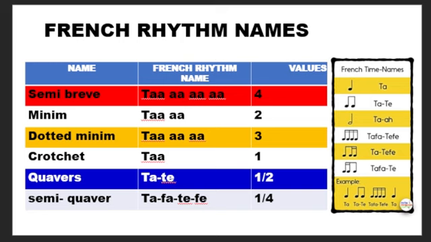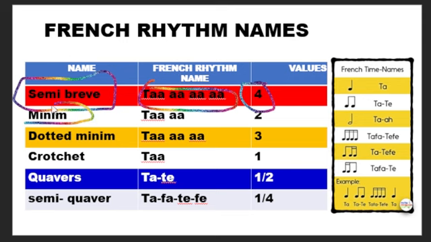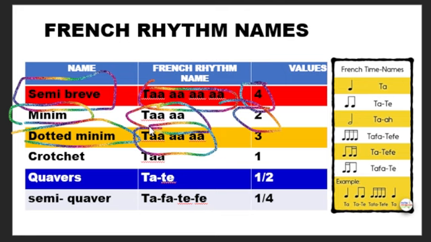Now, here I have given you an example. Here is a semibreve, which has 4 beats, so you count how many. Then you have the minim, whose French rhythm is ta, and it has 2 beats. Then the dotted minim has 3 beats, which is ta.